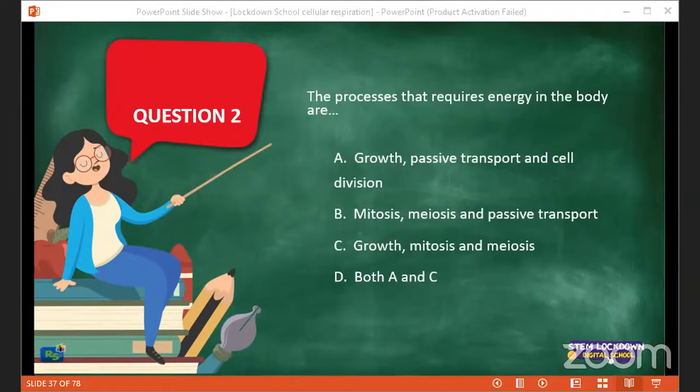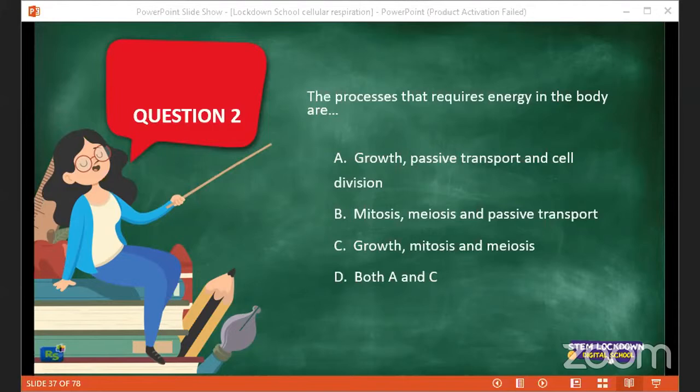All right, so most of you are saying both A and C, and I guess that is D. Does passive transport require energy? No, because substances are not moving against their concentration gradient.